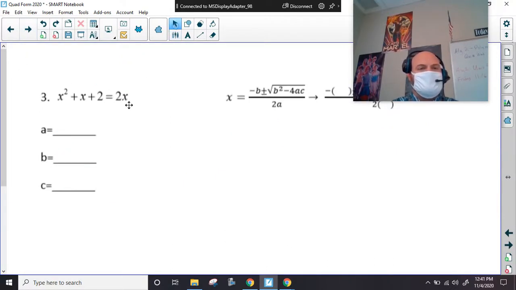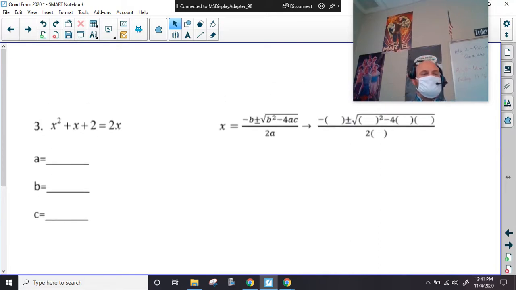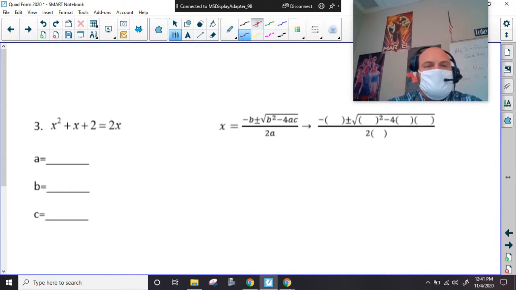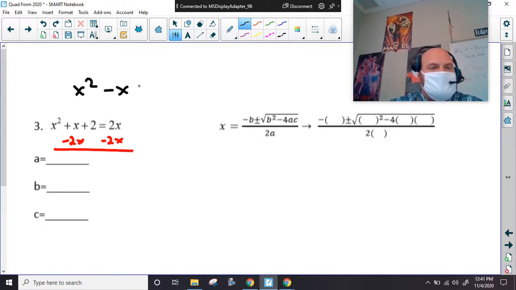So let's look at this one. Let's move this 2x right here. Now this gives us x squared minus x plus 2 equals 0.